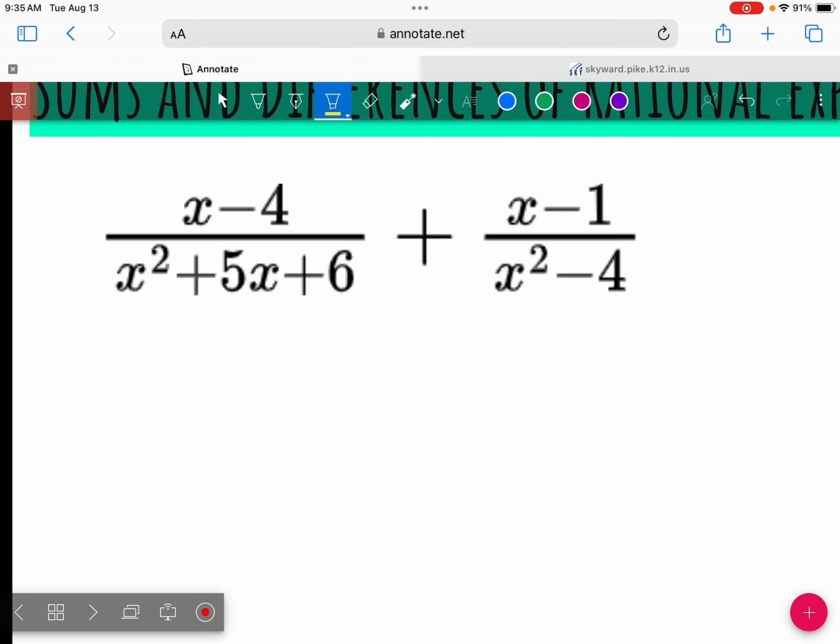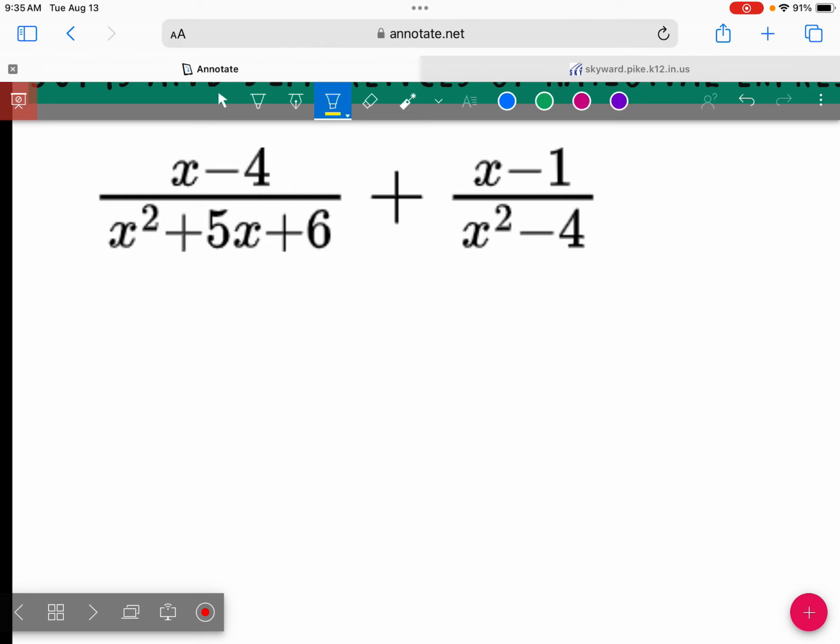So we're going to start with factoring. My numerator on the left-hand side isn't going to change. This guy doesn't have anything we can factor. Our x minus 4 is just going to chill.